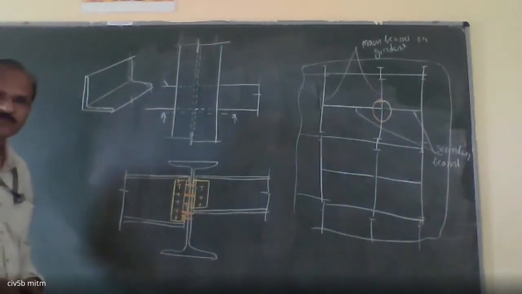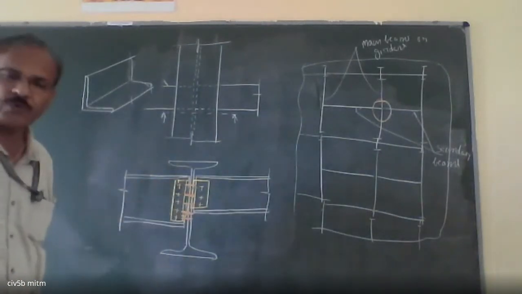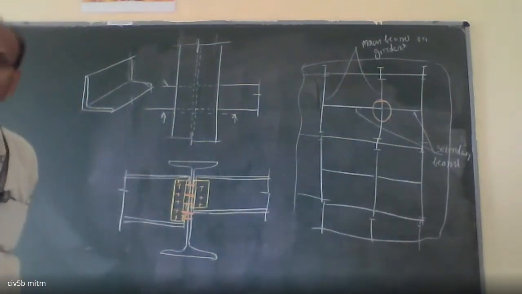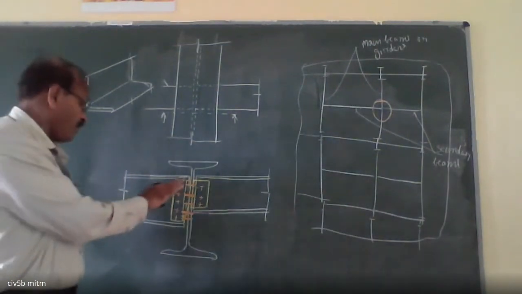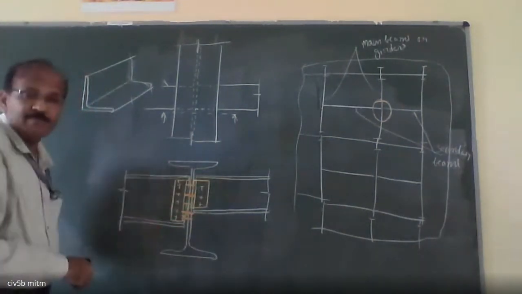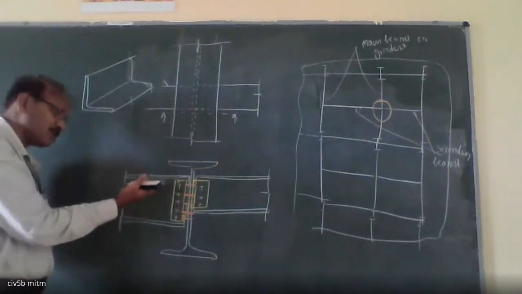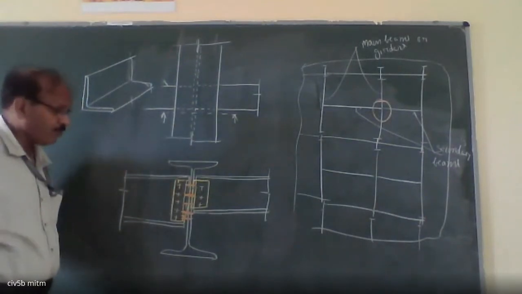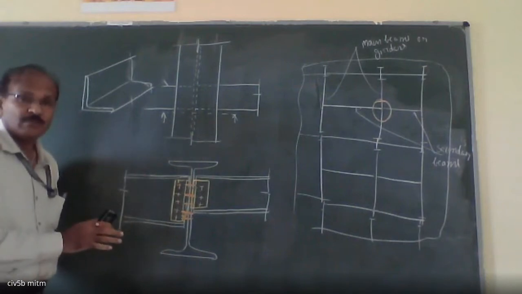Is it clear to you? So this is the way we do it. This is the way we connect. See, if this is the top floor, when we don't need any flooring on it, this is okay. I hope this is clear to you.